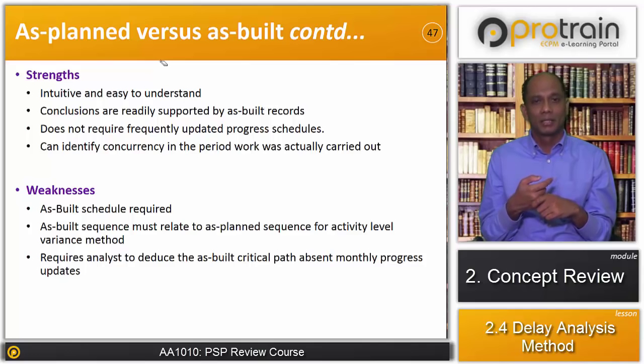It requires the analyst to deduce the as-built critical path absent monthly progress updates. So in the event that monthly progress updates are not available, the analysts have to identify the as-built critical path. So these are the shortcomings of the as-planned versus as-built method.